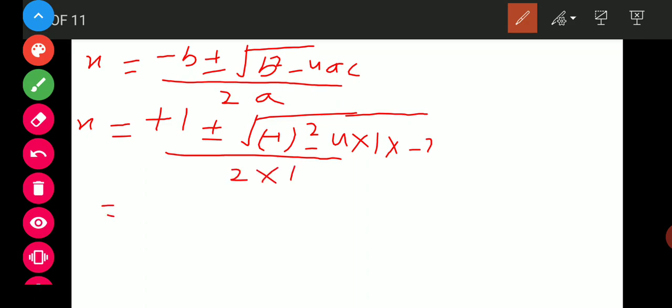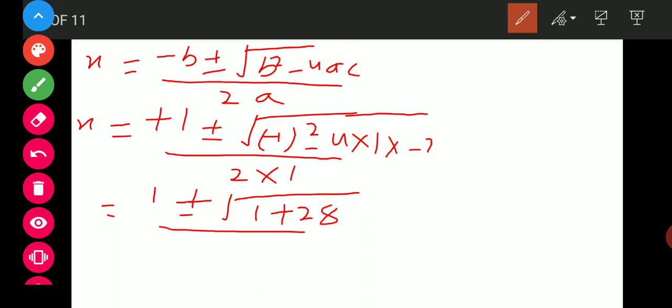So it becomes 1 plus minus under root of 1 plus 28, divided by 2. So it is 1 plus minus under root of 29 divided by 2.